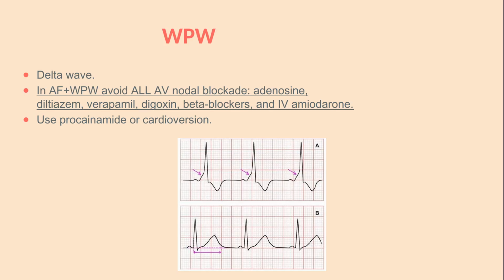The correct answers are procainamide, which slows the accessory pathway itself, or synchronized cardioversion, which is always right when in doubt, or when the patient is unstable. After conversion, these patients need electrophysiology referral since pathway ablation is curative. Write the diagnosis clearly on the chart. The next physician's drug choice depends on it.